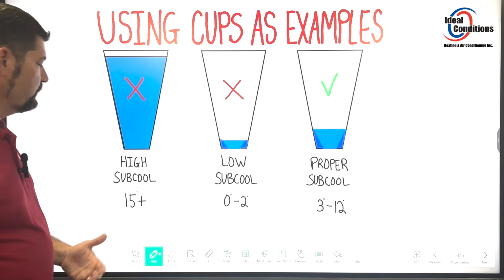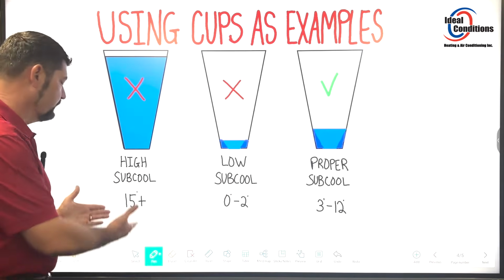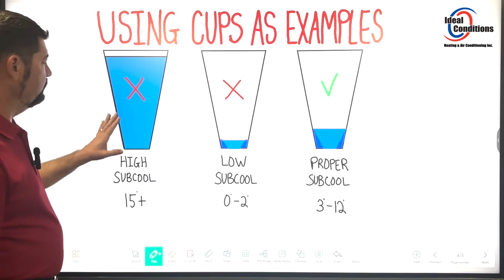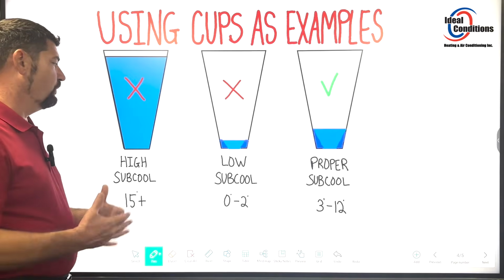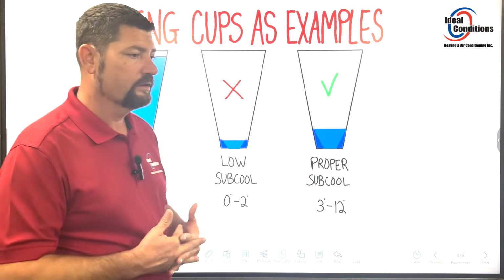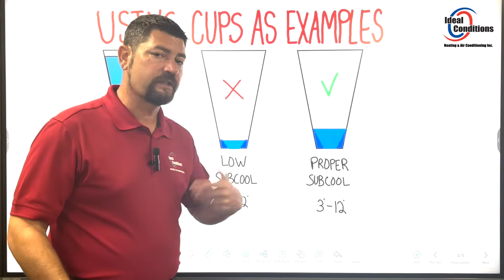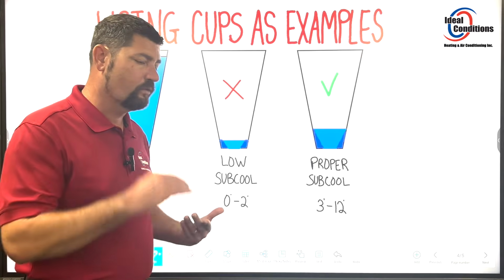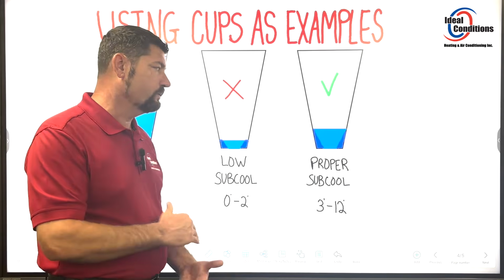Now you may have a system that says that it needs to be 18 degrees of subcool, therefore you would be okay. And that doesn't mean that 18 degrees is going to look like this, because that coil, the way it's set up, it may have many sections, and 18 degrees is a good number. Refer back to our other videos where we talk about many different sections to our coil, that our coil is not one single coil, it's many sections of coil.